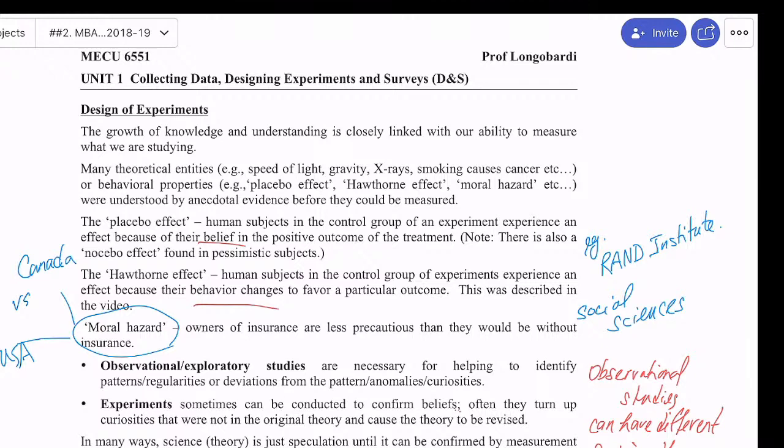So what that means is somebody with health insurance won't bother to watch what they eat. They won't bother to exercise because they have the insurance, and the insurance will pay for any kind of drugs or surgeries that they'll need. So in Canada, they don't care too much about the risk of moral hazard. They say it's more important, they prioritize access. And so health insurance is universal.